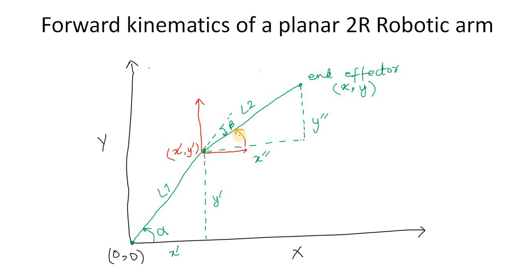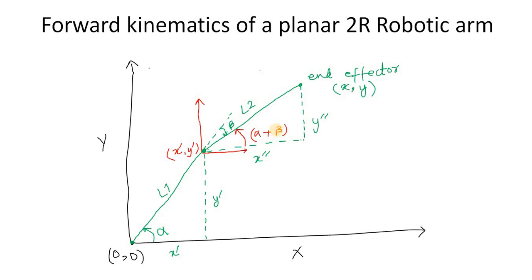So this angle is actually what you get if you subtract angle beta from angle alpha. Since beta is already negative, we can just write this angle as alpha plus beta.